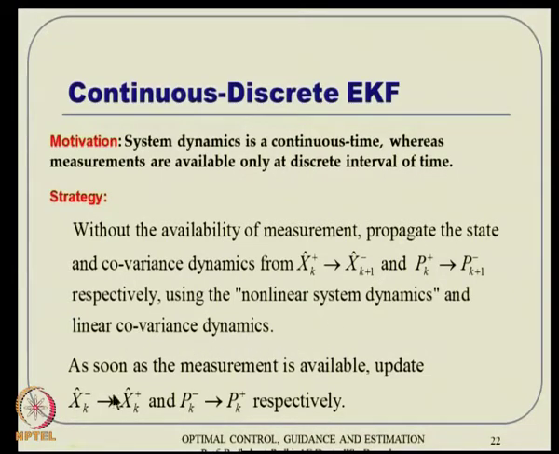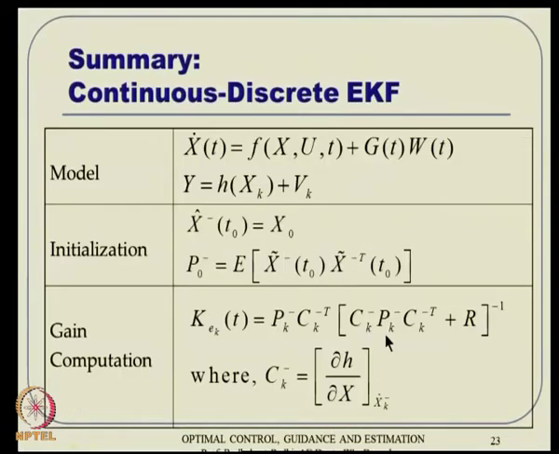But as soon as the measurement is available, you update it. We update from minus to plus value for the state, and minus to plus value for the covariance matrix also. So, what is the summary again? In continuous discrete EKF, we have this form, which is x dot equals f of x, u, t plus g t w t, and y is like this.